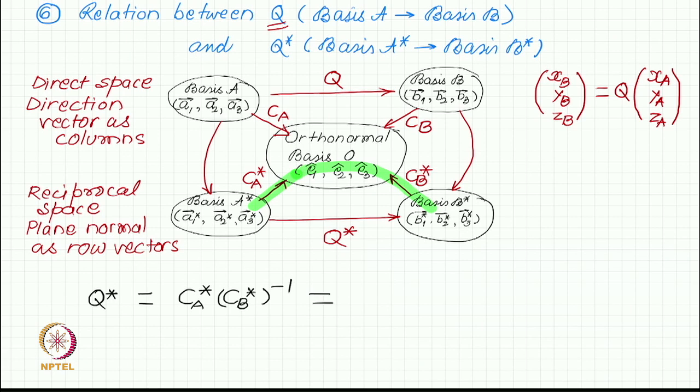Now, I can write C A star as, I know C A star is C A inverse and C B star is C B inverse.